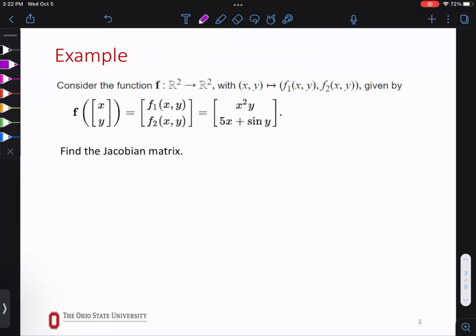So to make it easier, F1 is x squared y, F2 is 5x plus sine of y. You see that you have two variables there. So I'm going to create the partial of F1 with respect to x, my first variable, which hopefully you know. If not, you've got to review a little bit of partial differentiation.